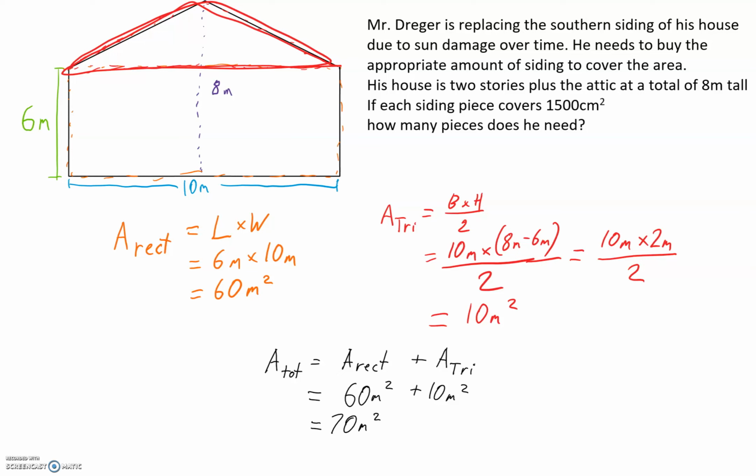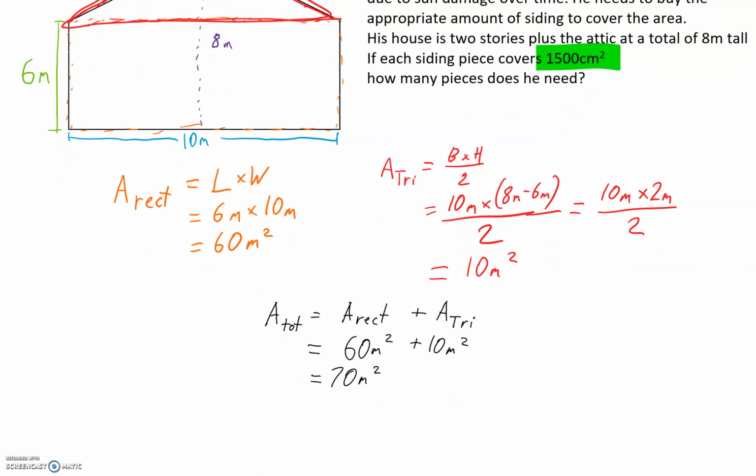That's finding the area of the side, but it also tells us here that each siding piece covers 1,500 centimeters squared. So we're going to have to know it in centimeters squared. Let's convert to centimeters squared. How do we convert?